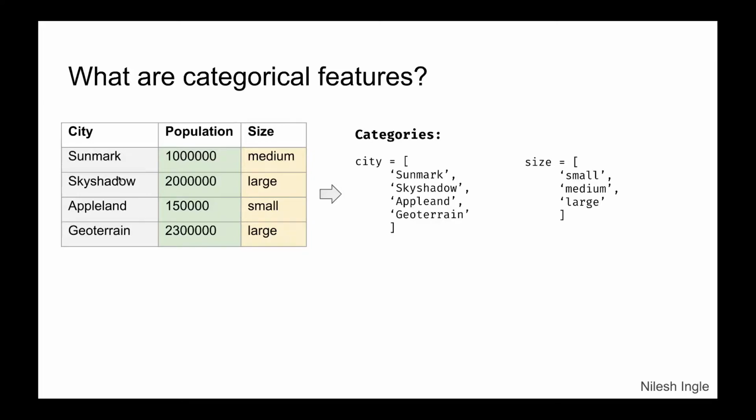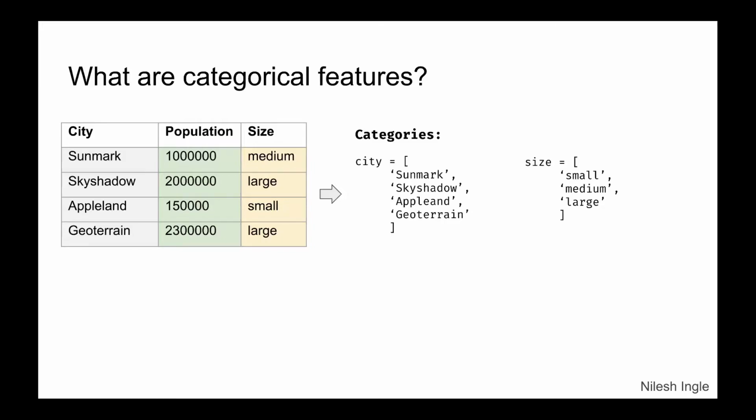So, therefore, we can consider these as categories, and we can also call them categorical features. So, what are the categories within city? Within city, the values are sun mark, sky shadow, apple land, and geoterrain. So those are the values for the category city, and then for the size, we have small, medium, and large.